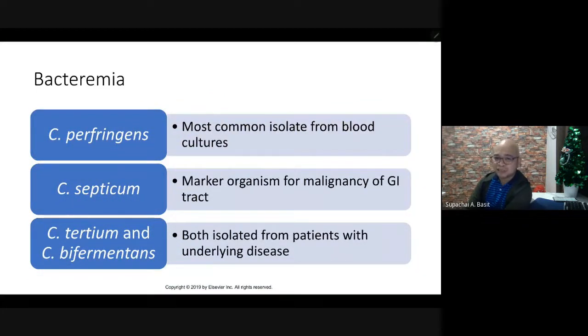So in order for us to determine if there's already a cancer of the gastrointestinal tract, Clostridium septicum must be isolated. And then Clostridium tertium and bifermentans, both isolated from patients with various underlying diseases. Nonetheless, these bacteria can be isolated from the blood, hence the term bacteremia.